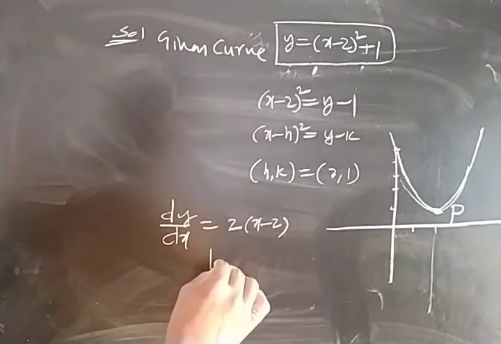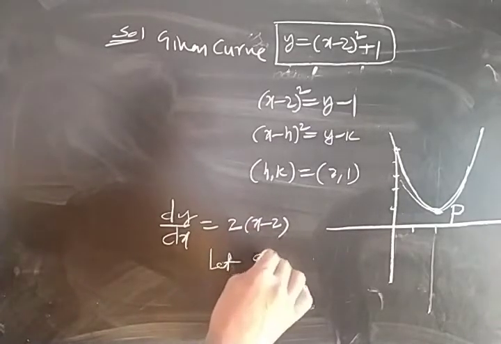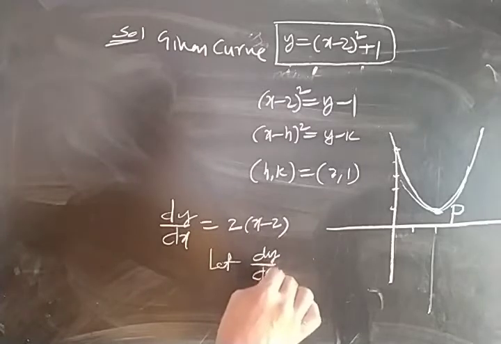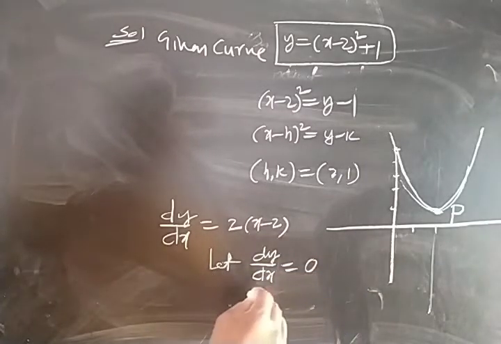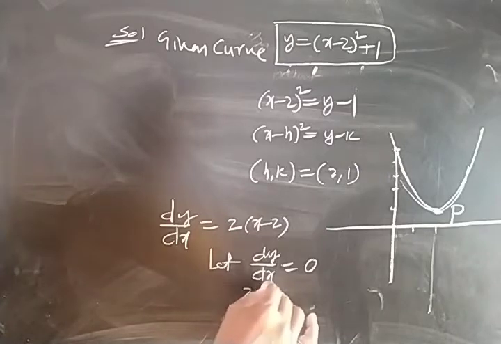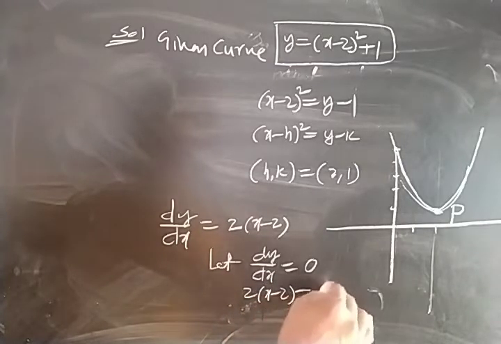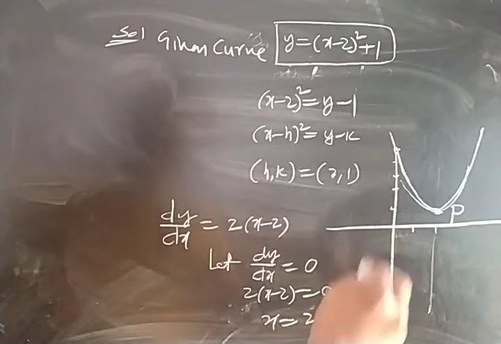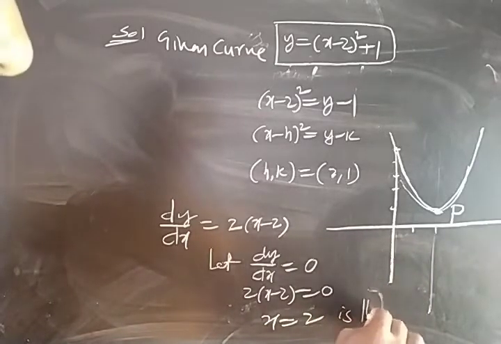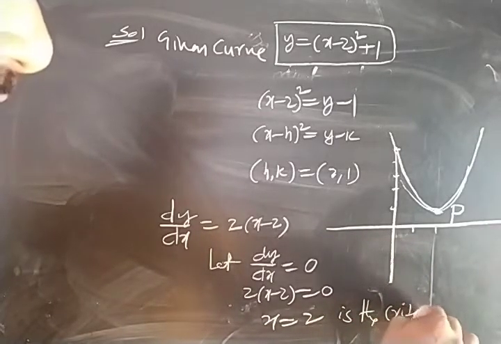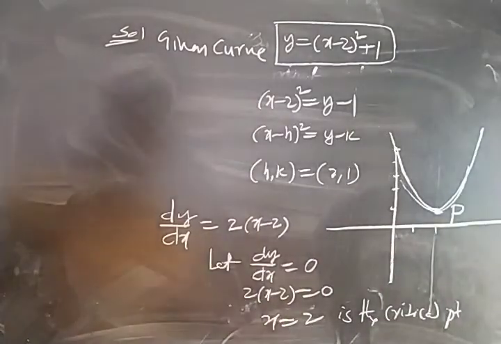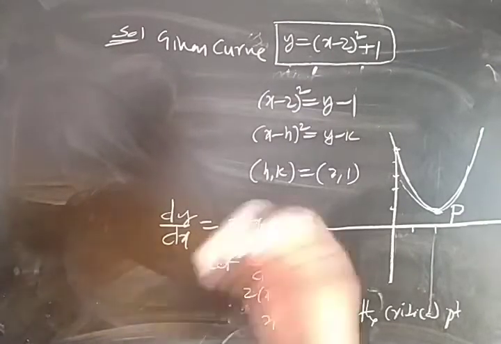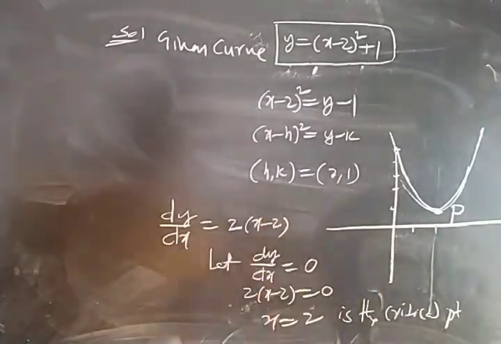If you put dy by dx equal to 0, then we can get the critical point. 2 into x minus 2 is equal to 0, so x equal to 2 is the critical point. Let us check whether this point is a minimum or a maximum.